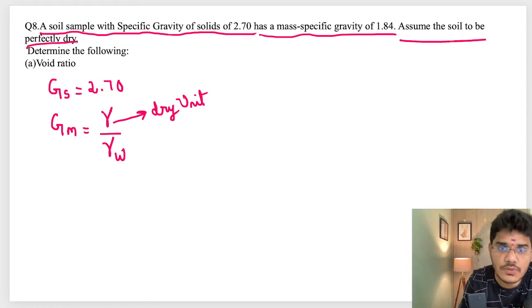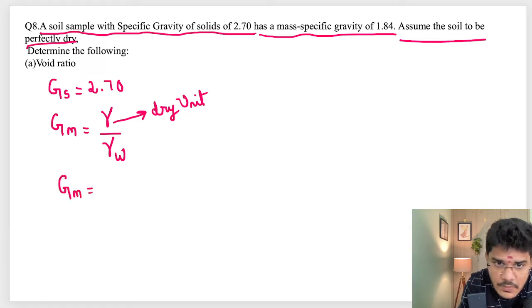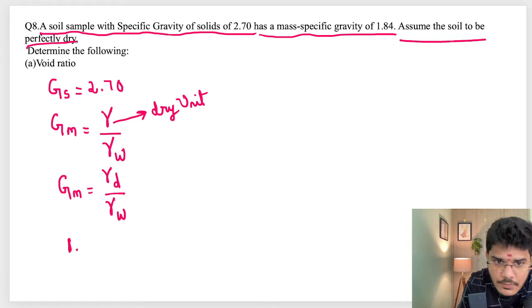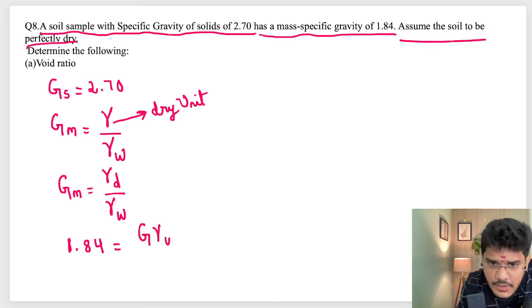So now our formula will become Gm is equal to gamma D by gamma W. So this mass specific gravity he has given, how much he has given actually? 1.84.